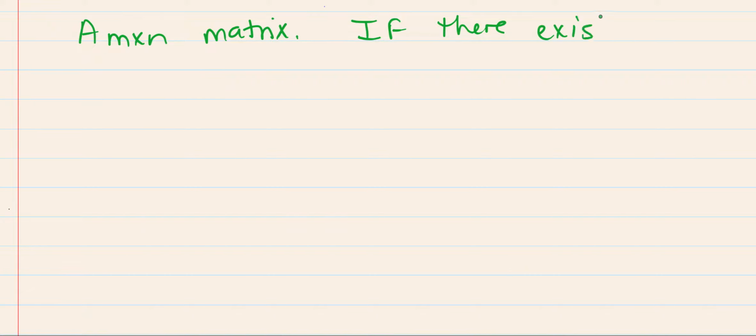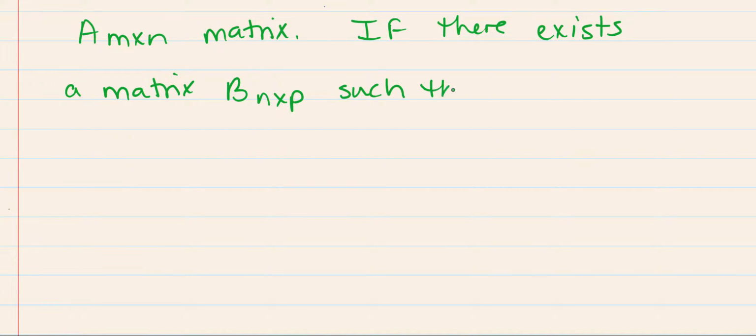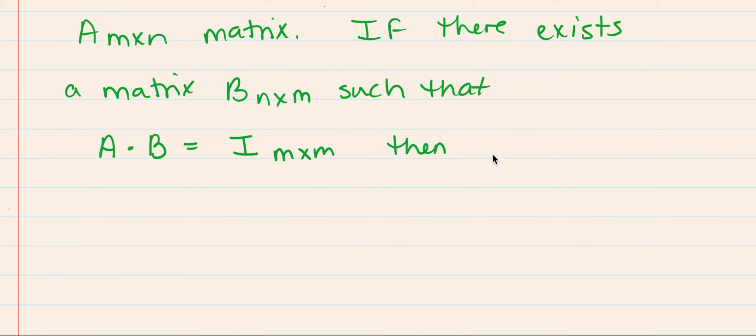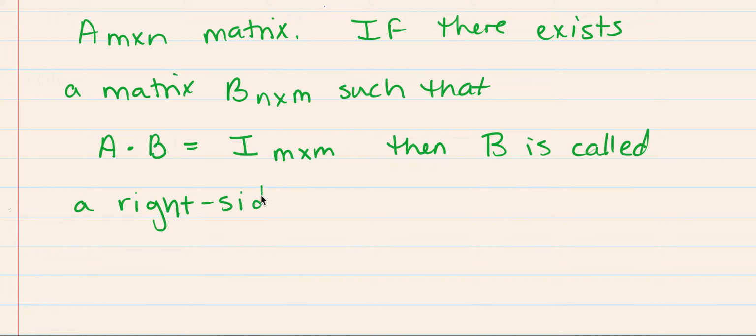So let's suppose A is an m by n matrix. If there exists a matrix B that is n by p, such that A times B, actually this should be an n by m, such that A times B is the identity matrix that's m by m, then B is called a right-sided inverse.